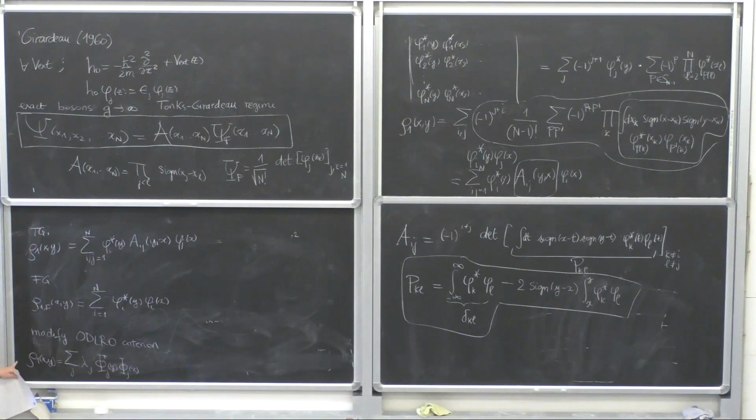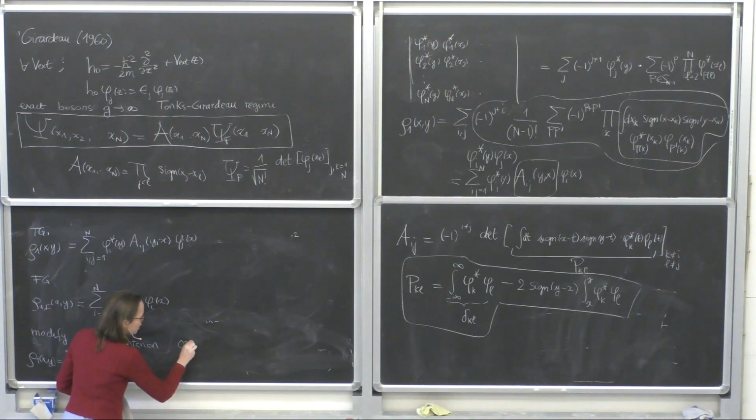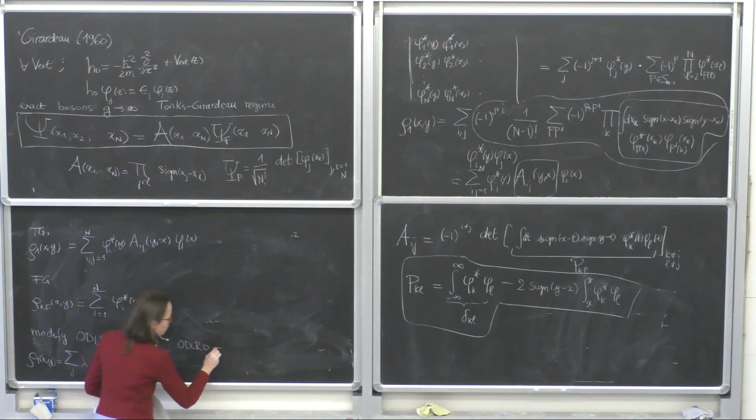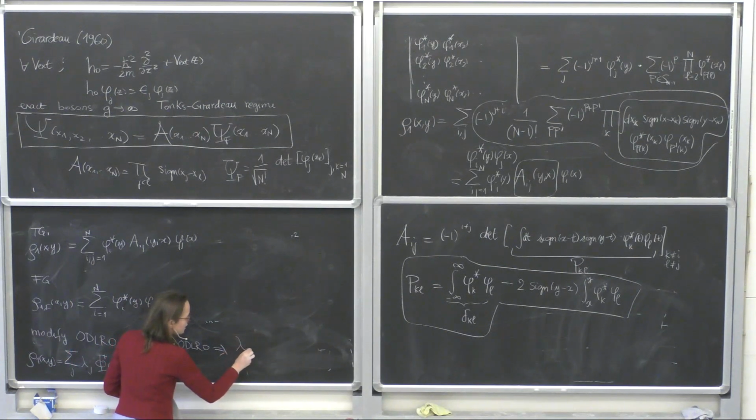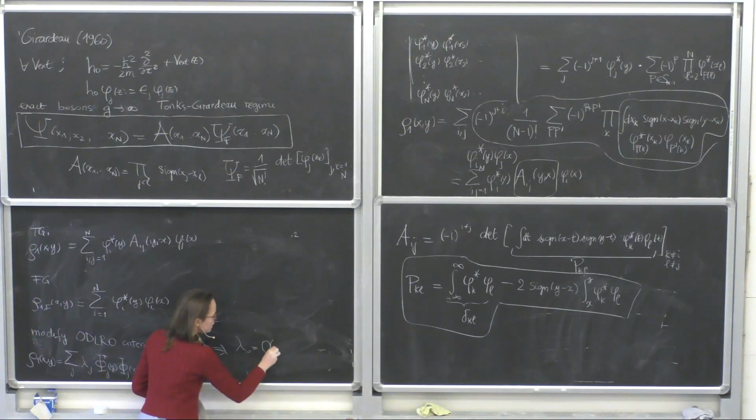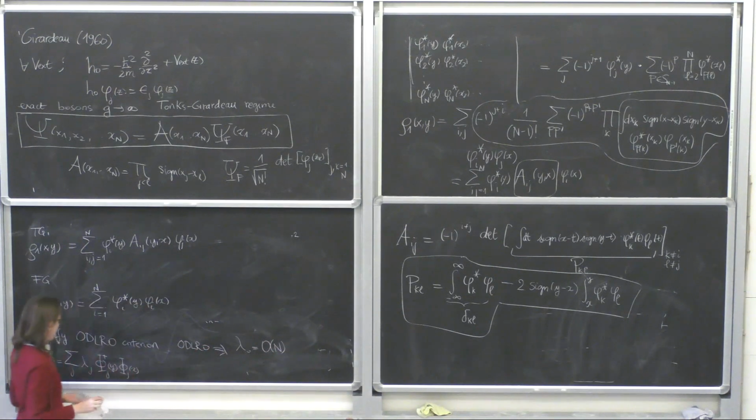Then if you have a Bose-Einstein condensate, it means that you have one orbital that is macroscopically occupied, and it becomes the condensate wave function. Off-diagonal long-range order, in this case, implies that lambda_0, let's say the largest of these eigenvalues, is of the order of N.